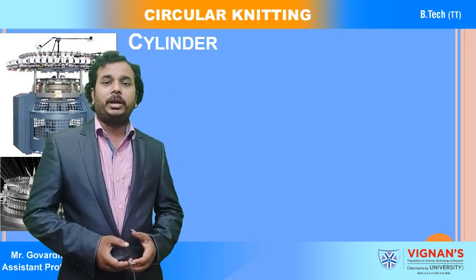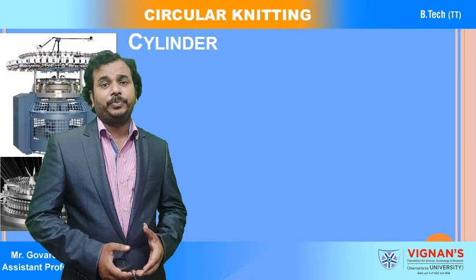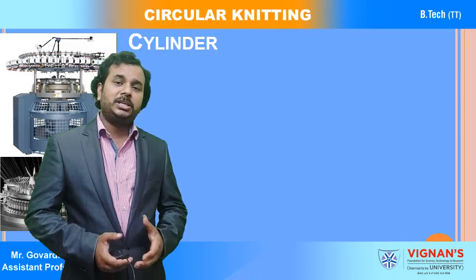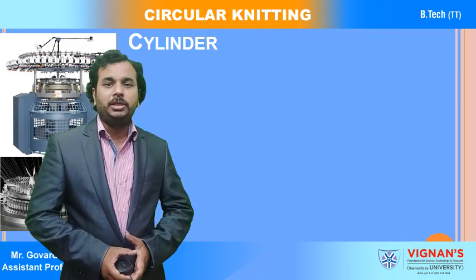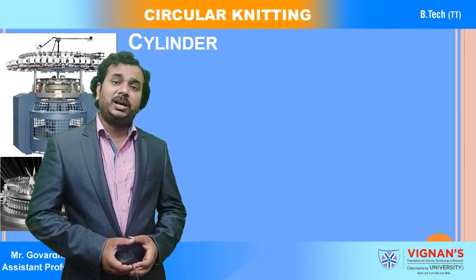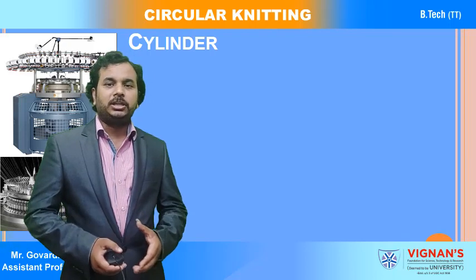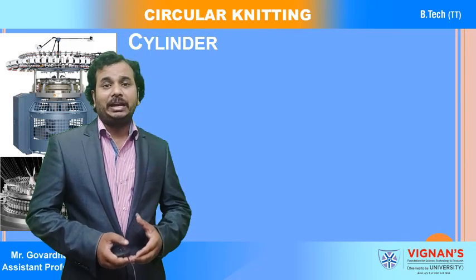The first main component in the cylinder and dial case is the cylinder. Even in the double cylinder case the same cylinder will be there, but there are differences in the components, which we will discuss in the further slides.